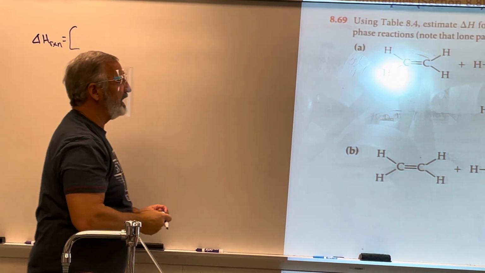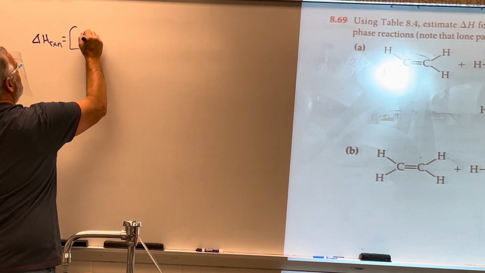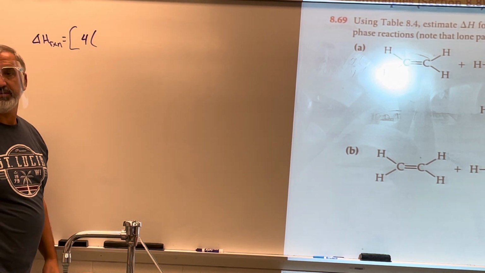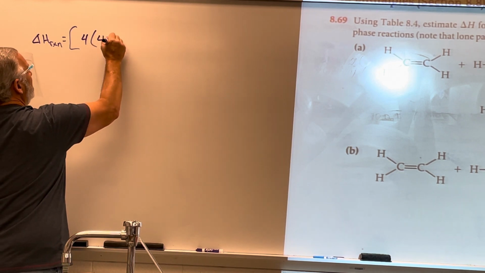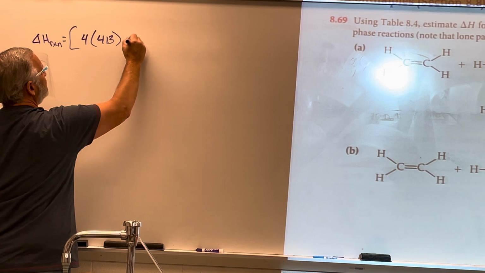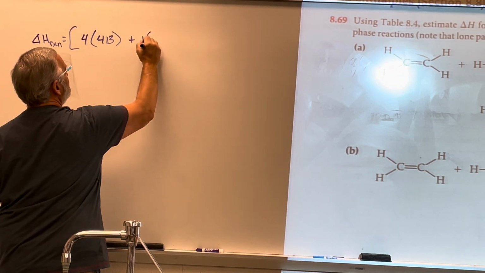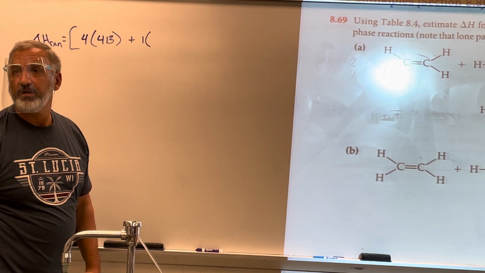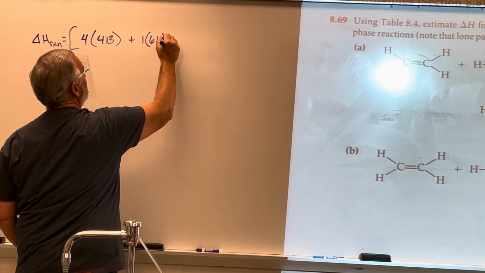Well, again, I'm going to have to break 4 carbon to hydrogen bonds. So what is the bond energy of carbon to hydrogen? 413. And I'm just going to save space and not use units, but you saw how the units cancel out. I have 1 carbon to carbon double bond, 614, okay?